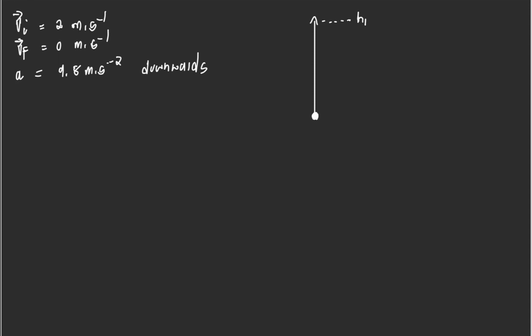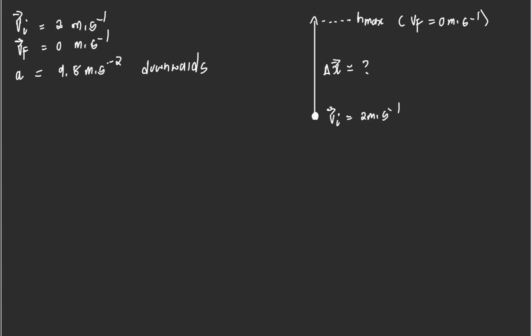This is H max, or maximum height, and I'm given that VI is equal to 2 meters per second upwards. It means here at H max the VF is equal to 0 meters per second, and I have to find the change in X, something that I don't know. So that is something you have to calculate.